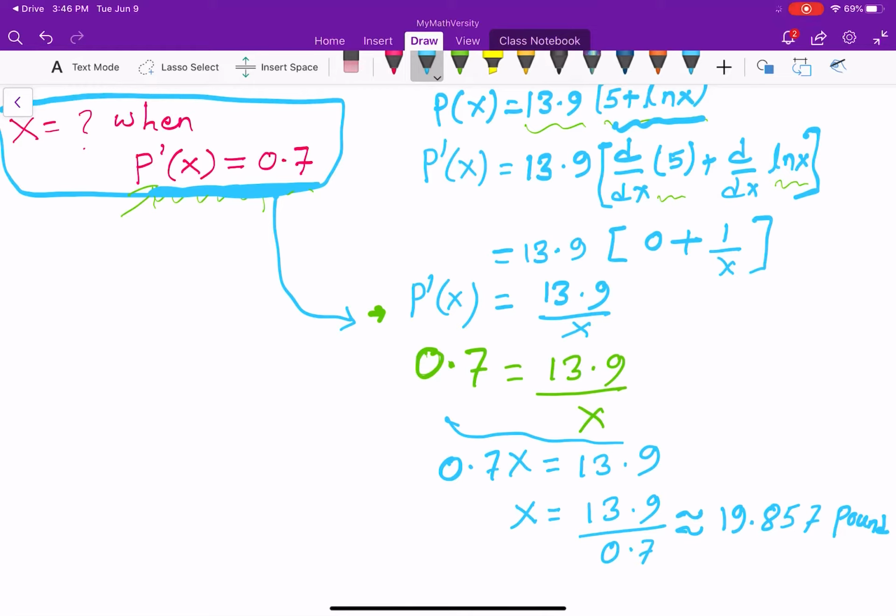Our goal was to figure out x, and this satisfies the condition P prime of x equals 0.7. So this is the answer.